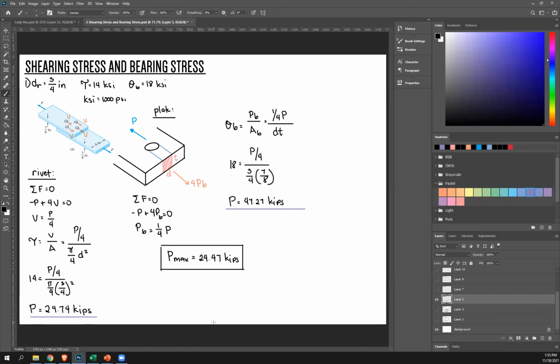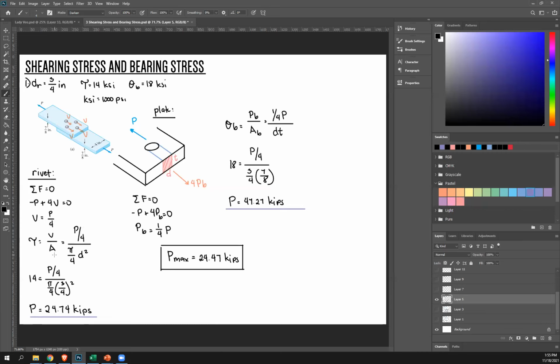And then how do we get this? Using this equation. We got the shear force in each rivet using the equilibrium equation, so V equals P over 4. Shear stress is shear force over area. We already know that shear force is P over 4.